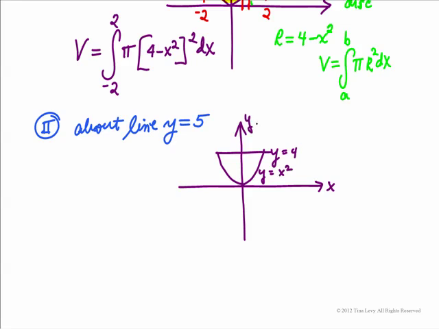Here's my x, here's my y-axis. Now I have the line y equals 5. I'm looking at the same region, and this time it's going to be rotated about the line y equals 5.